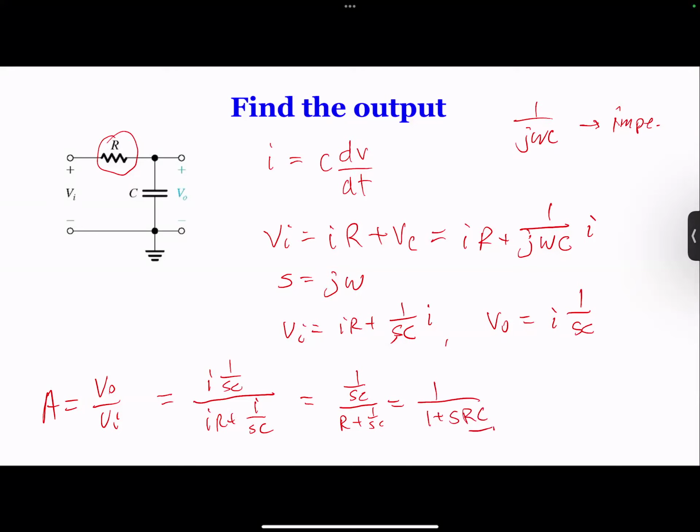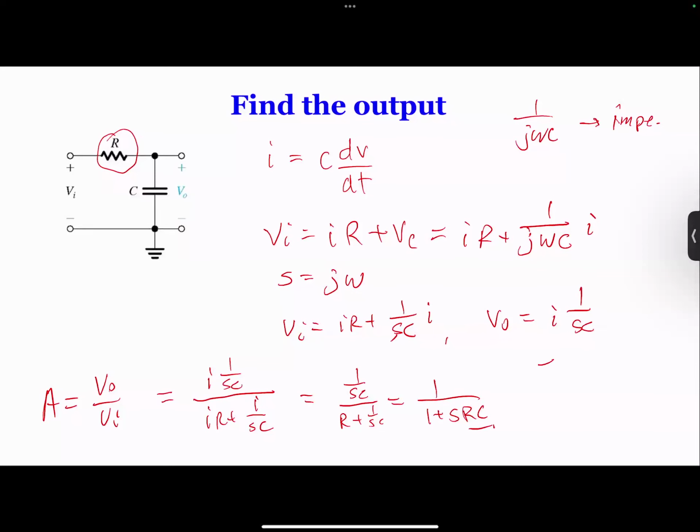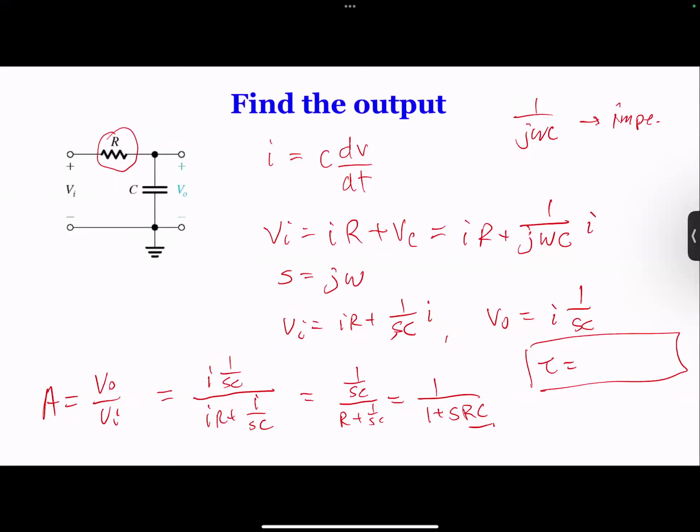So in this circuit, you see the gain is related to R and C and S, which means frequency is a factor here. And what is RC? RC is basically the time constant, right? That's what you learn again in circuits.